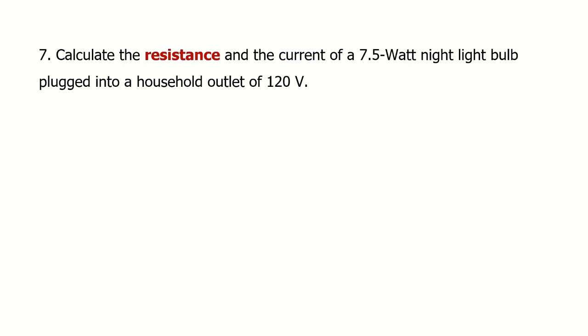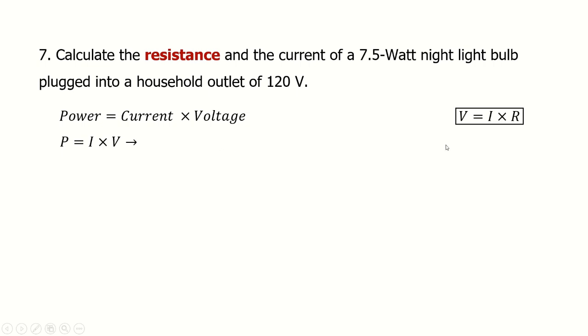So now let's calculate for resistance. Now resistance is not here in the original power equation. But then again, remember that we can substitute Ohm's law in this equation. So remember that voltage is equivalent to I times R. There's R, what we are looking for. We put I times R here on this one.